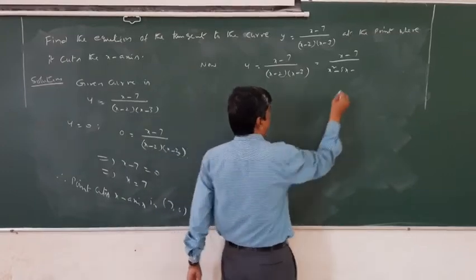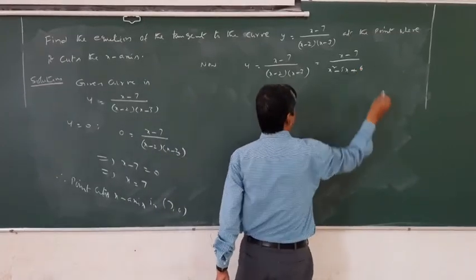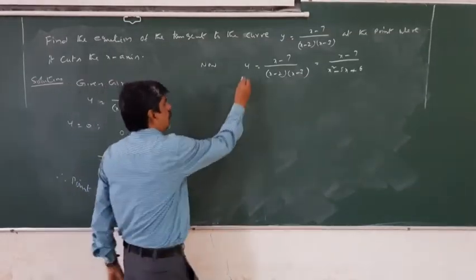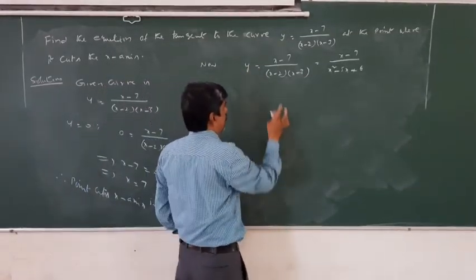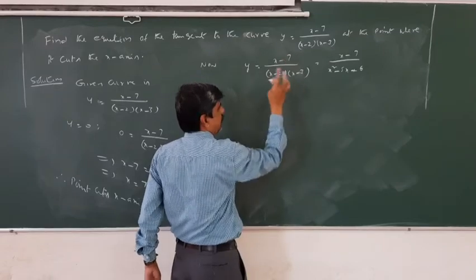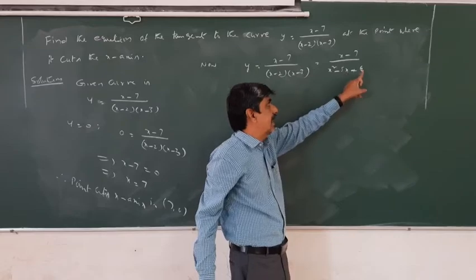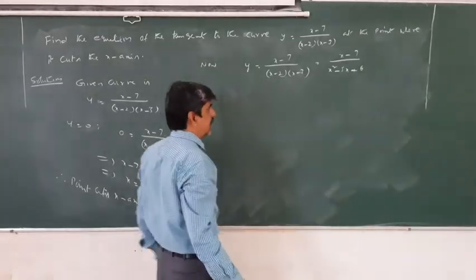Minus 2 into minus 3 is plus 6. So the curve is y = (x - 7) / (x square - 5x + 6).